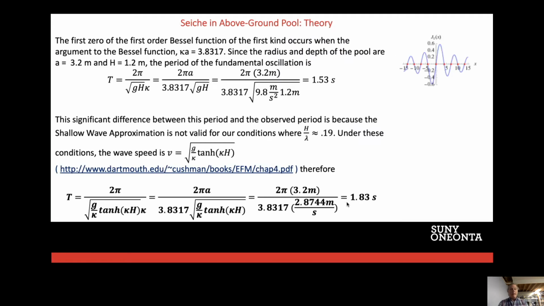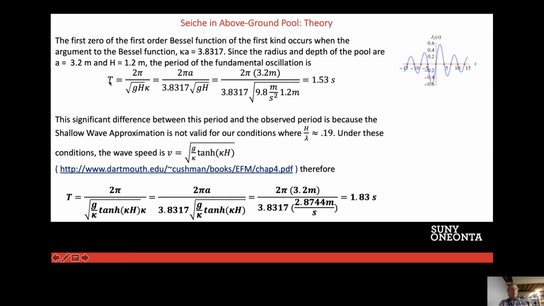Well, using that information, and the fact that the first zero of the first order Bessel function of the first kind occurs when the argument is 3.8317.